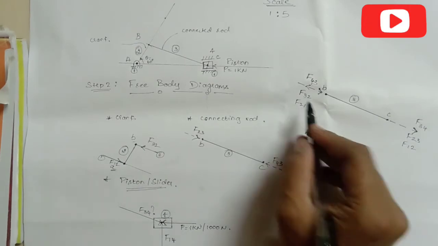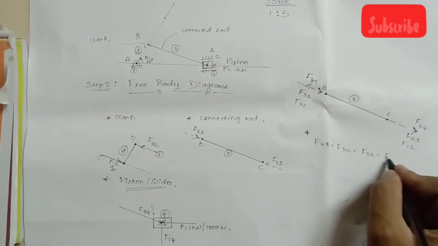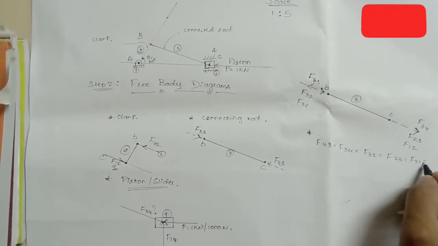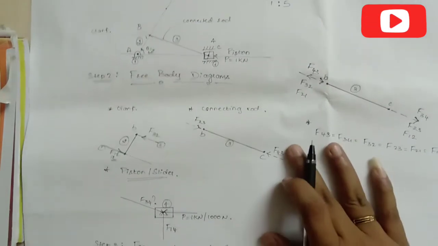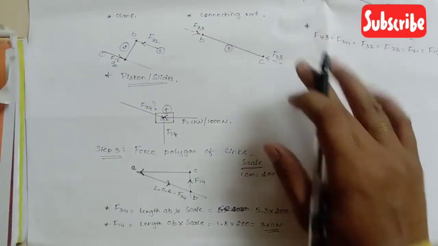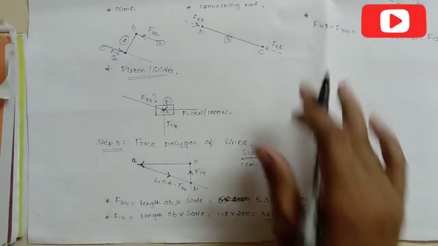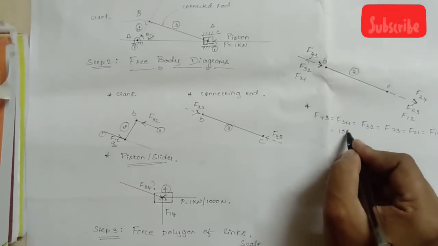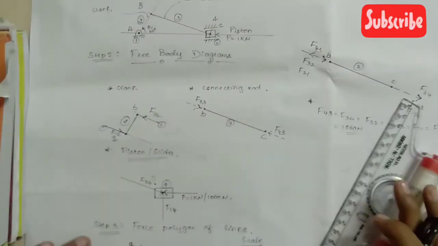Next, F32 is equal to F23. Then the remaining two forces, F21 is equal to F12. In the previous step we found F34 equal to 1060 Newton. So all these forces will have an equal magnitude of 1060 Newton, and the directions are different.